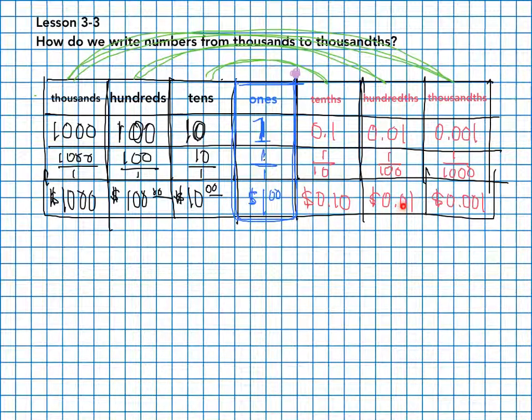Hundredths, 1, 2. Thousandths has 1, 2, 3 zeros, well, 1, 2, 3 places to the right of the decimal point. Now, that's the first lesson for today, and this is going to be a very important chart. If we memorize this chart, and we know it from low to high and from high to low, we're going to do fairly well with decimals, because this is the basis and the crux of what we have.